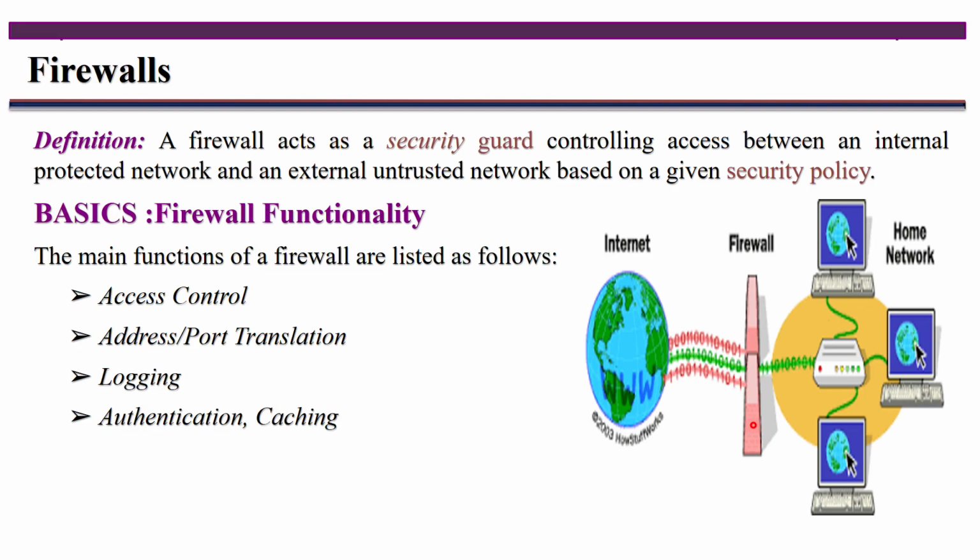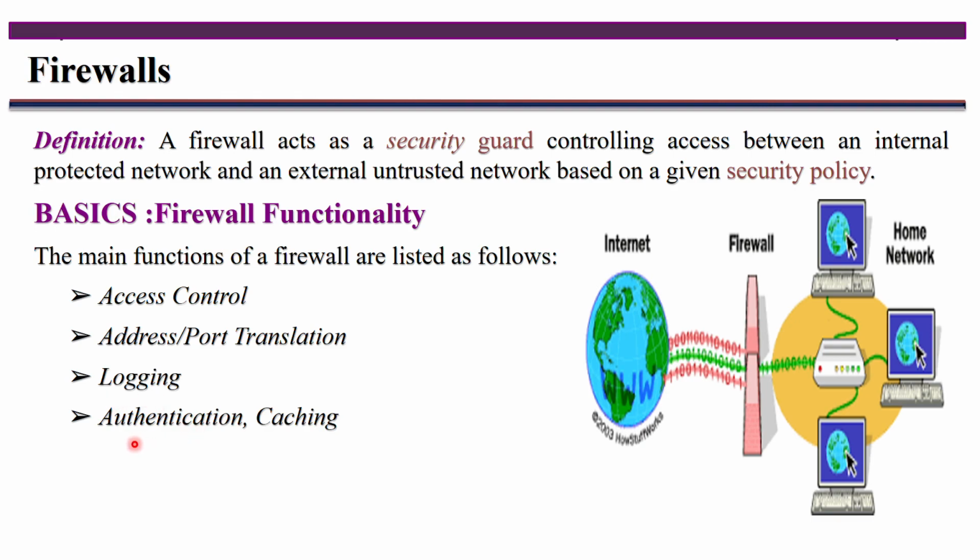It stores them in the firewall, and afterwards they are studied in detail to see whether the packet contains any malicious programs. Based on that study, if it contains malicious programs, the firewall becomes alert and takes precautionary measures to avoid such malicious programs. That is what we call logging.